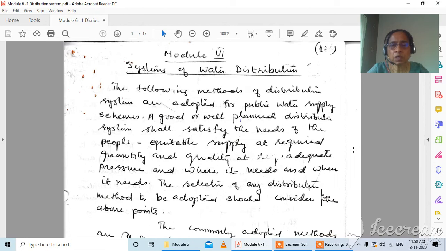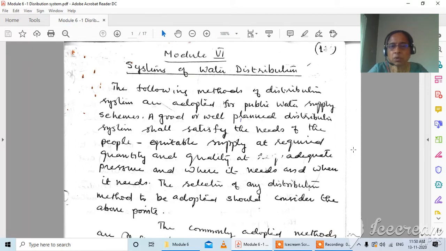So now we want to know how the distribution should be, or where we should supply, or what the type of distribution should be. The following methods of distribution system are adopted for public water supply schemes.